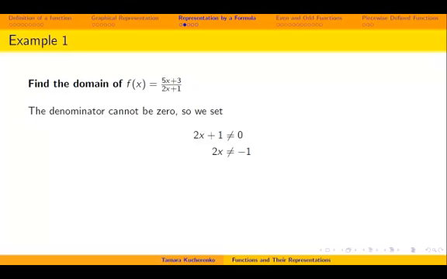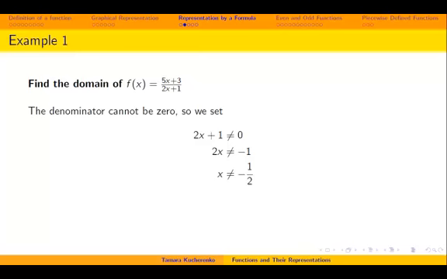We subtract 1 from both sides and get 2x is not equal to negative 1. Now divide the expression by 2 and get that x cannot be equal to negative 1/2. Therefore, the domain of f is all real numbers except negative 1/2.